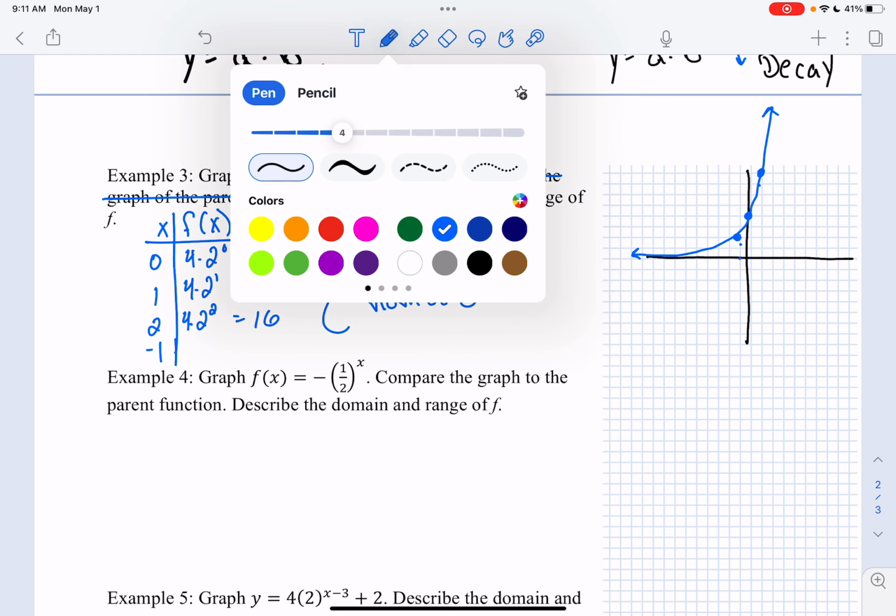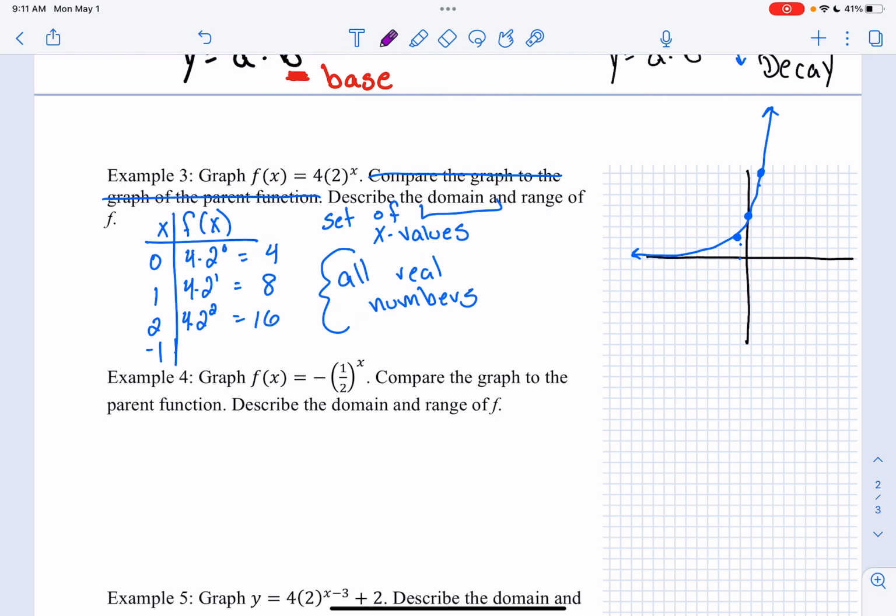But now the range is the set of y values or the set of outputs. Okay, so there are certain numbers that I won't get out over here. There's no possible way for me to take a number to an exponent, if everything's positive right here, and get out a negative. And if you notice, there's nothing on my graph down here.